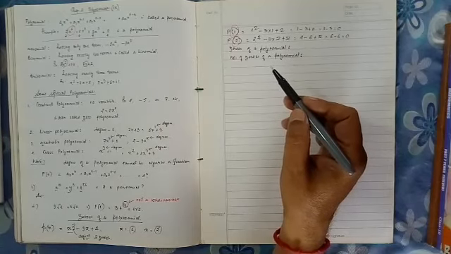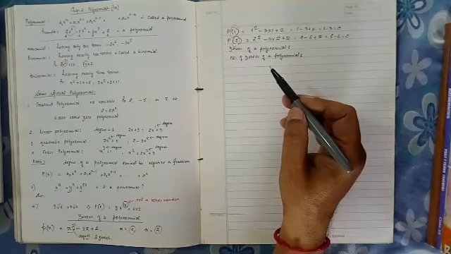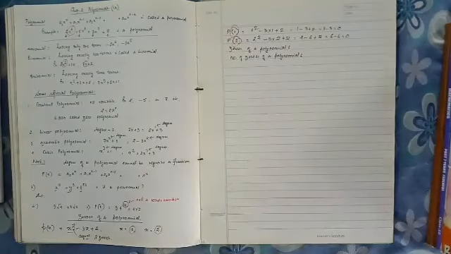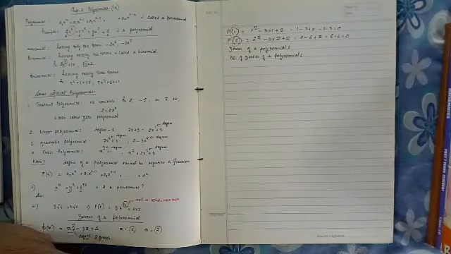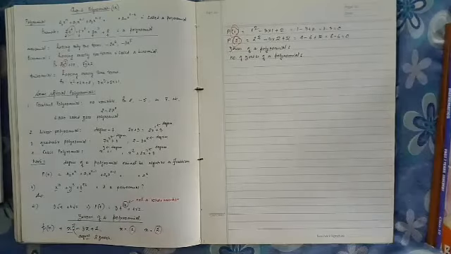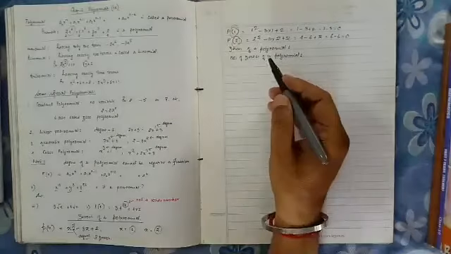Okay. Next, we are going to discuss the method to find the degree of the polynomial and the zeros of the polynomial.